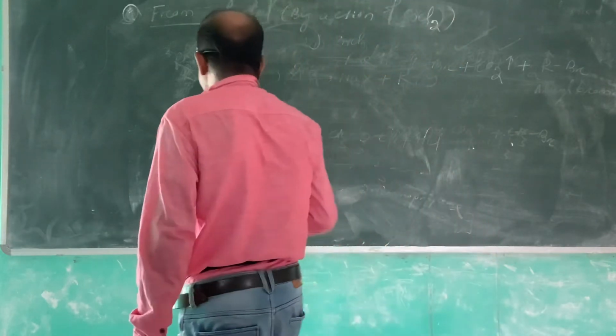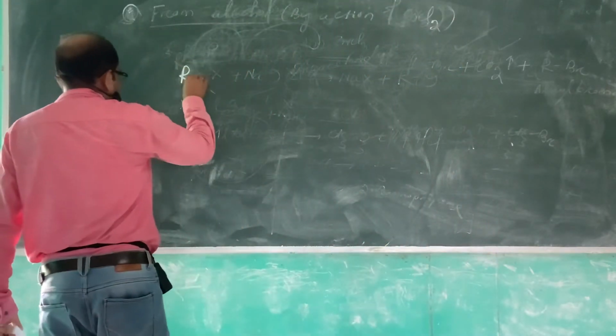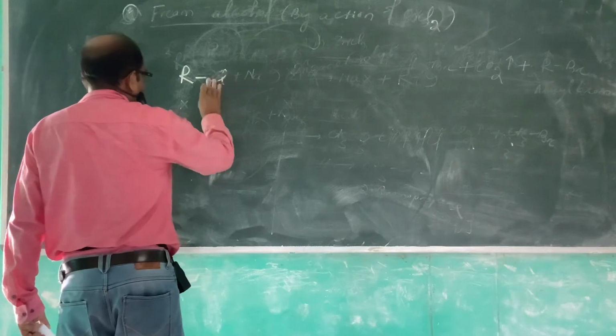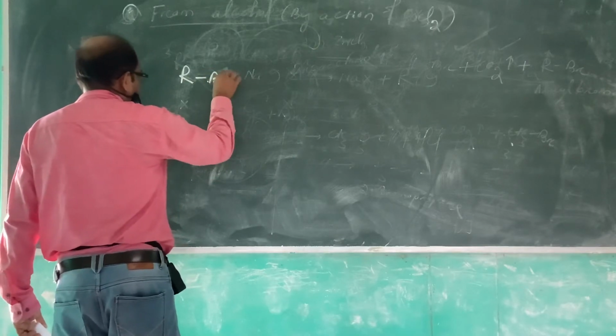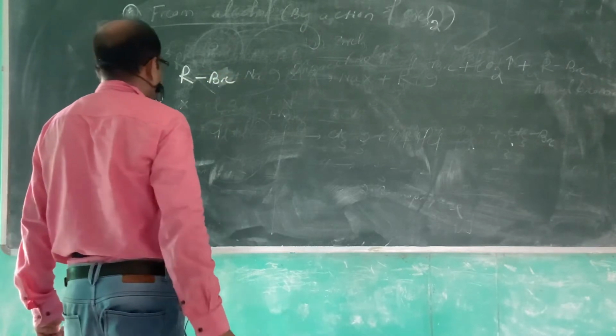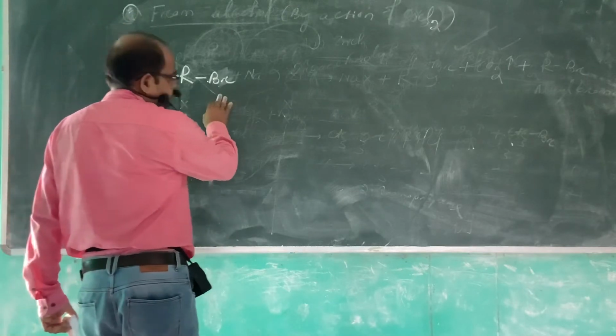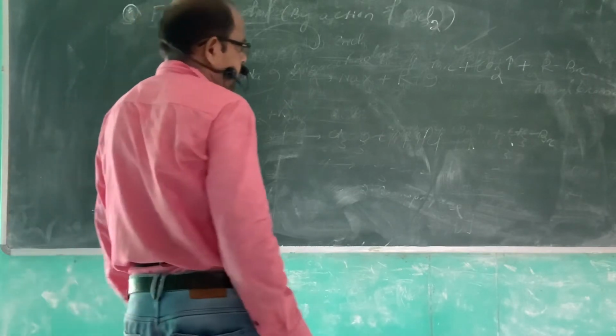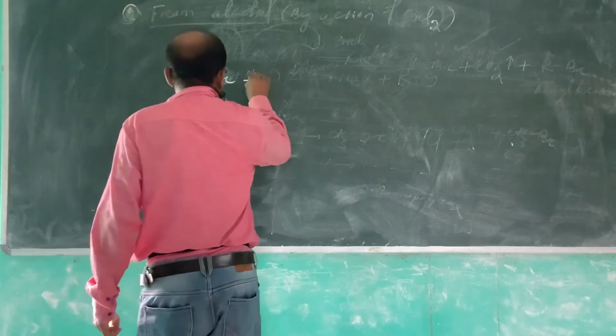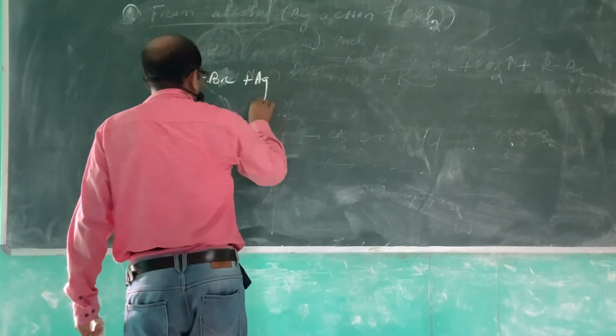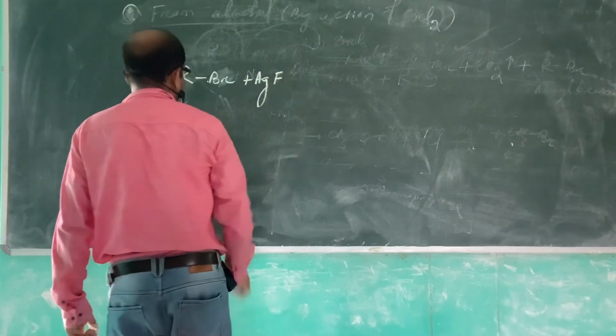Alkyl bromide or alkyl chloride, RCl or RBr. Suppose here we take RBr, that is called the alkyl bromide. It reacts with a metallic fluoride, AgF.